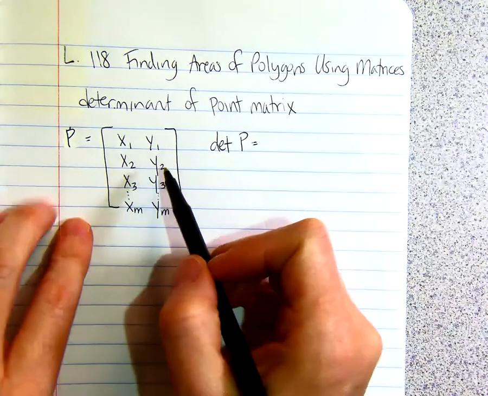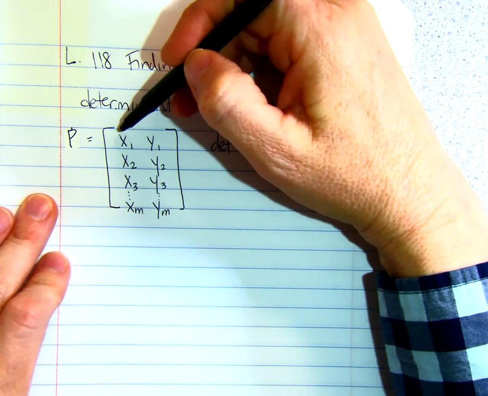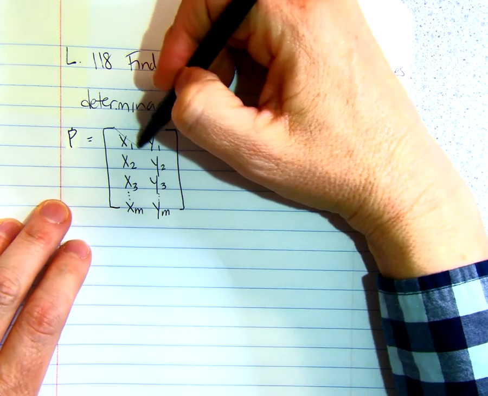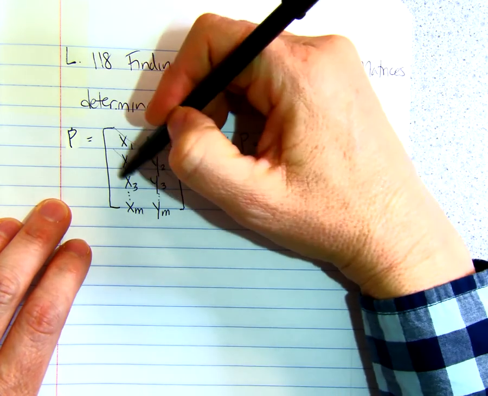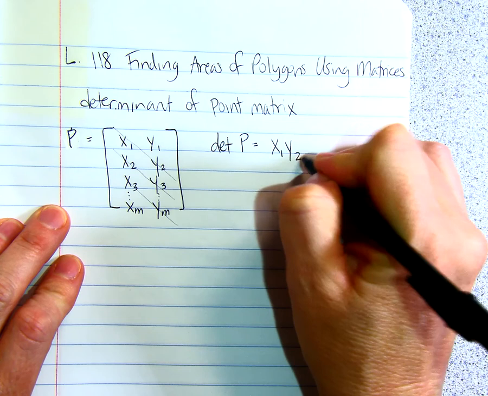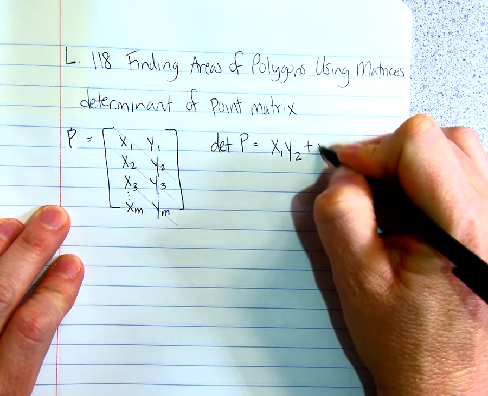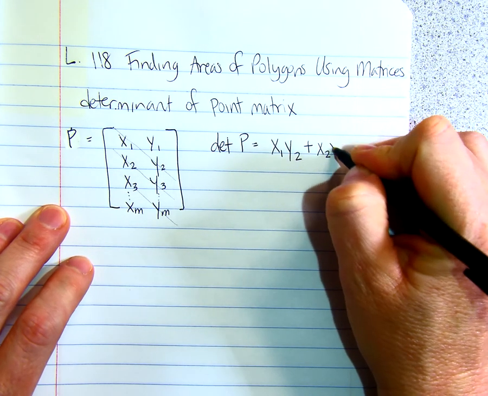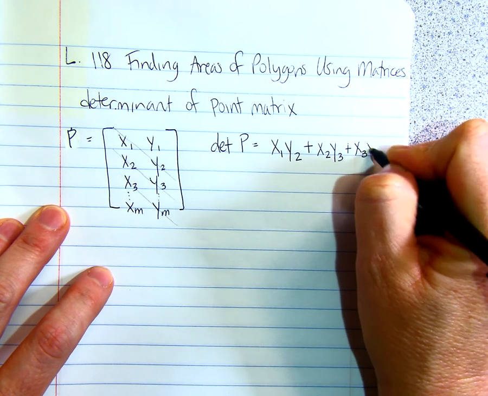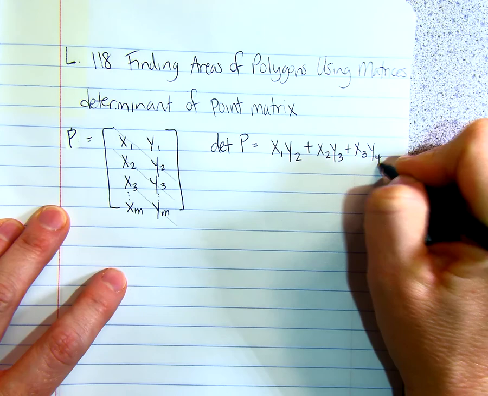But what we can do is called the shoelace method. You multiply across this way. You would do x sub 1 times y sub 2 plus x sub 2 times y sub 3 plus x sub 3 times y sub 4, and keep adding.